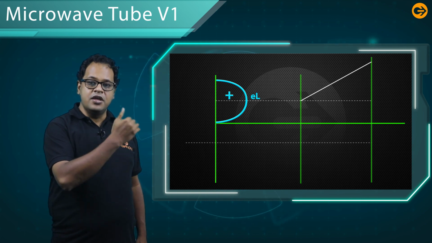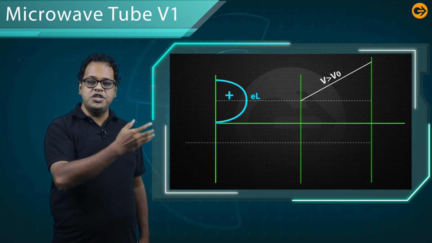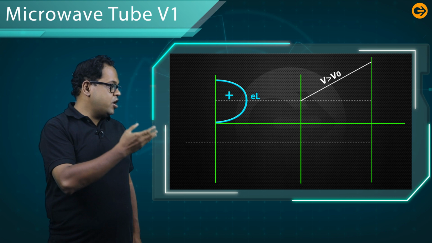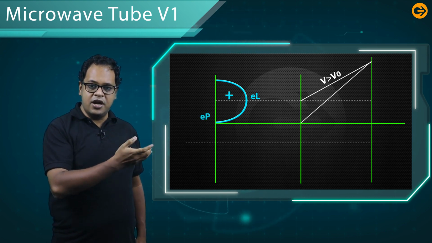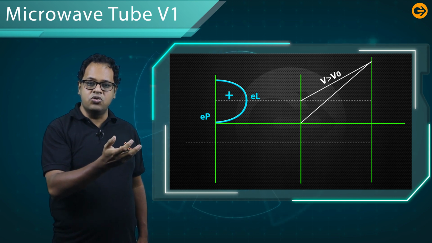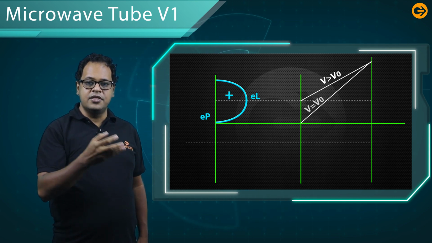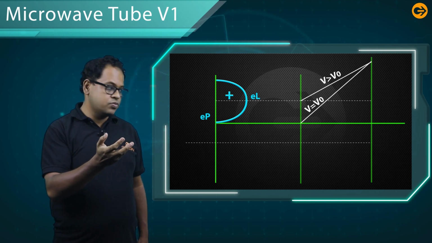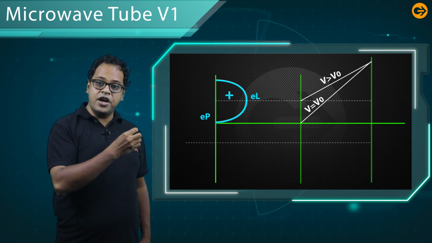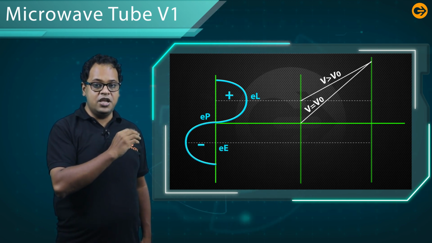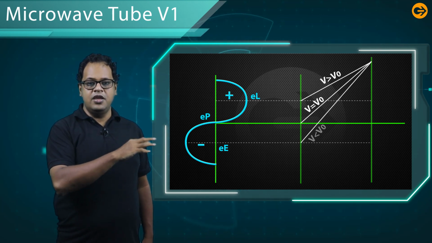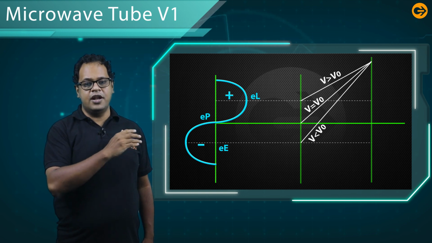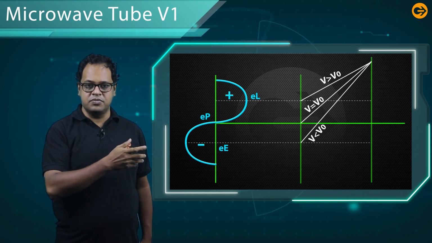That means V is greater than V naught, which is the reference voltage. Whenever the electron is E_P, that means at the origin, here the velocity is equal to the reference voltage. That means V is equal to V naught. Also, when the electron is E_E, the electron velocity is deteriorated. That means V is less than V naught, that means less than the reference voltage.